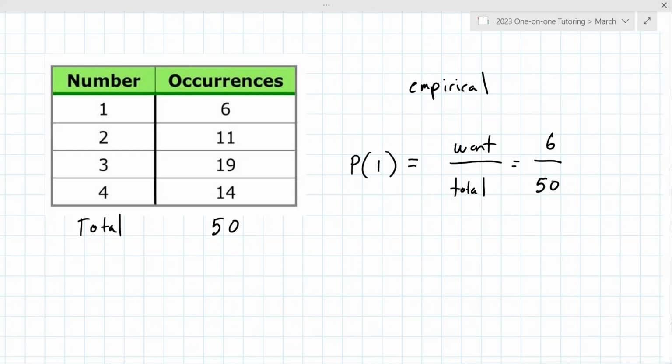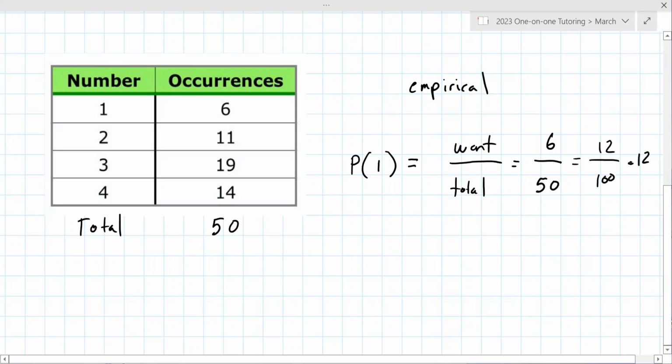Now, let's say I wanted this as a decimal. Can you tell me what the decimal would be for this? 6 over 50. How do you convert that to a decimal? If you know, we can talk about shortcuts. Notice that if you were to go to 100, it would be 12 over 100, which is 0.12.